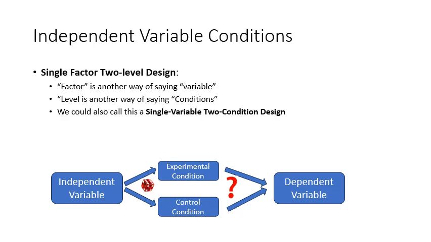So in this case, we have the independent variable, the two random conditions, experimental and control, and the dependent variable. The independent variable is divided into only two conditions, and so that's why it is a single factor, just one independent variable, and the two conditions, the experimental and the control conditions, make it a two-level design.